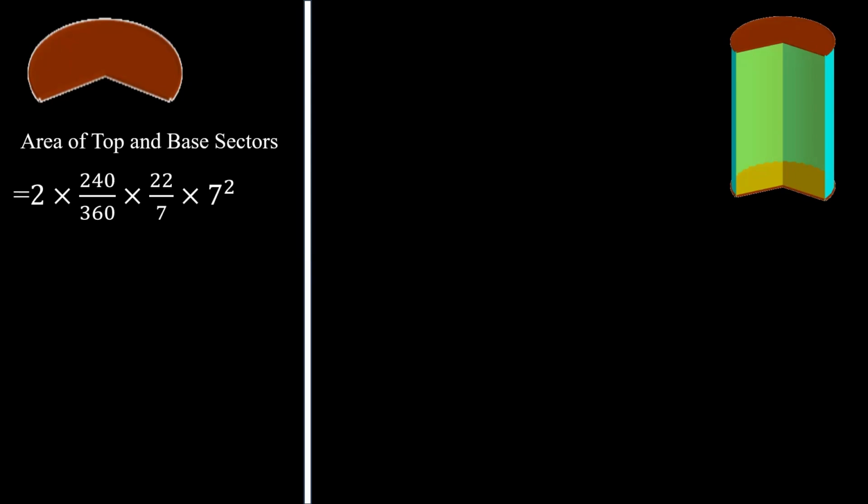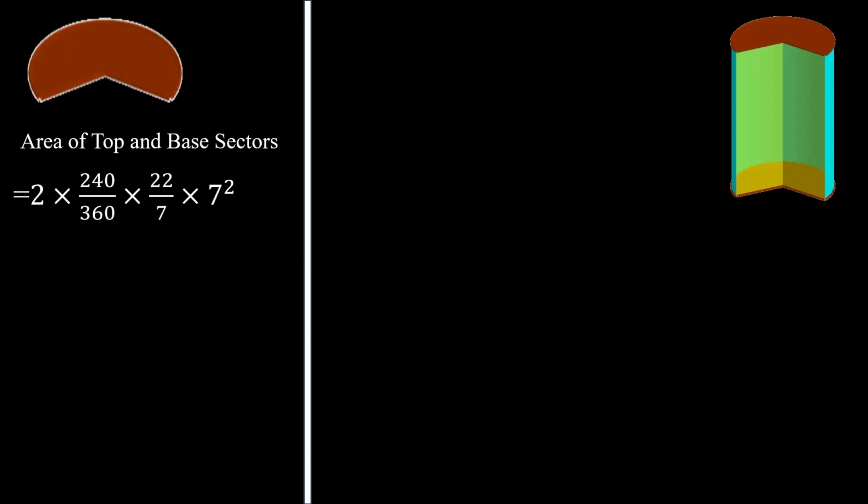So we have 2 times 240 over 360 times 22 over 7, which is the value of pi, times the radius of this sector, which is 7. So we've pushed everything into the formula, and we have it as it's showing right now on your screen.